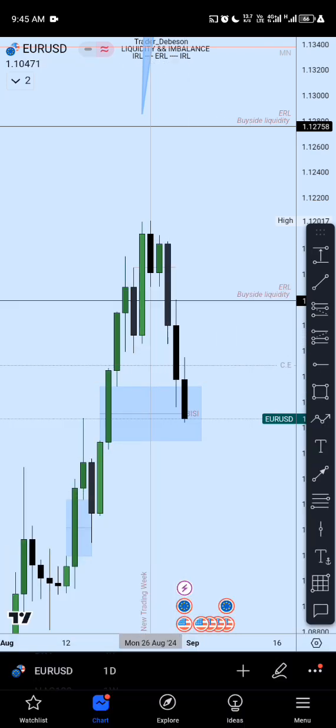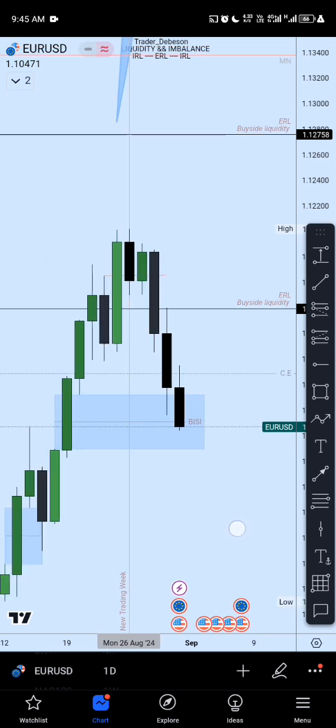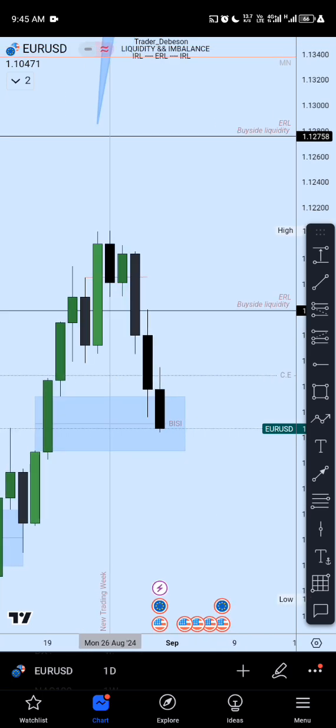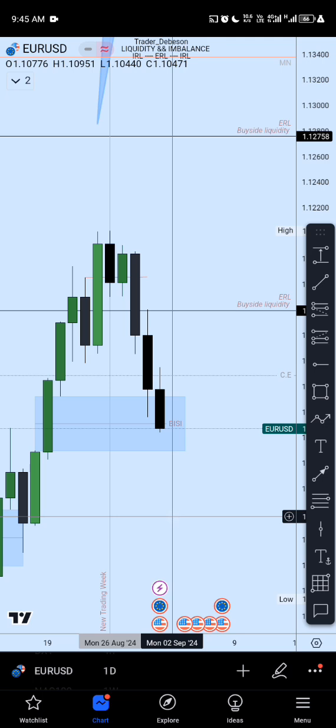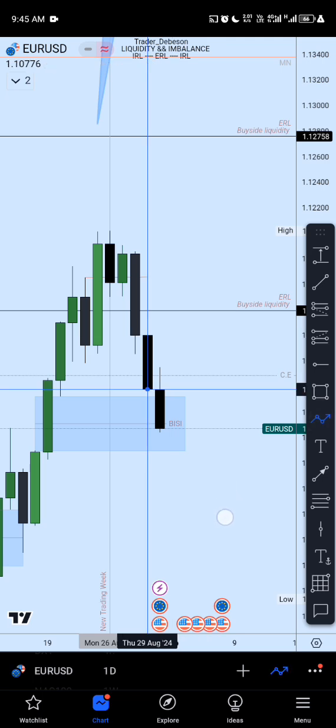So we want to go over to the lower time frame to see if our model is there. Remember the model that we are looking at.